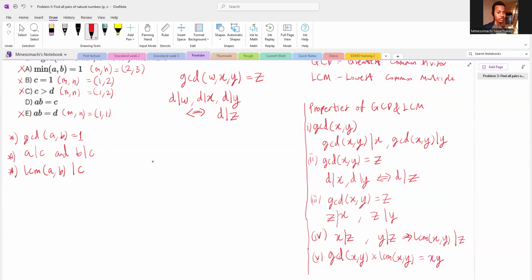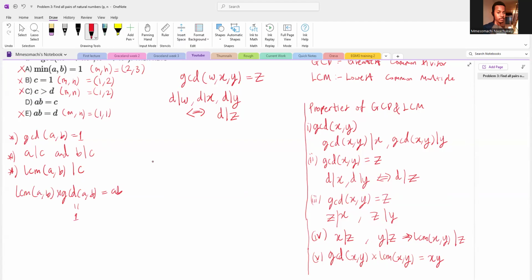Okay, so basically, when we combine that here, we know that LCM of A and B times the GCD of A and B is equals to AB, but GCD is equals to 1. So it means the LCM is equal to AB.